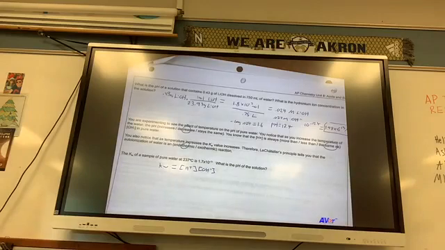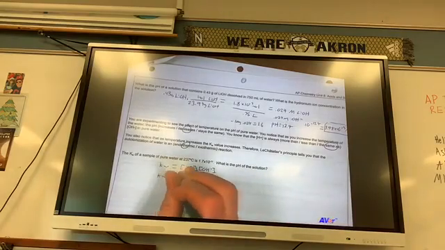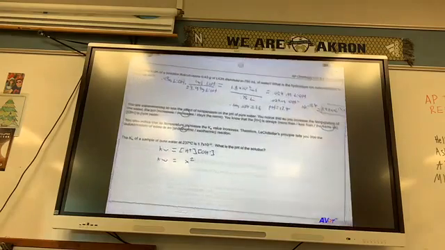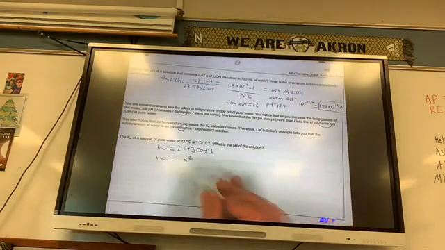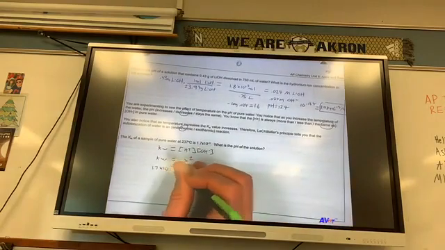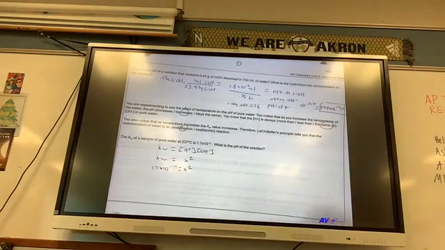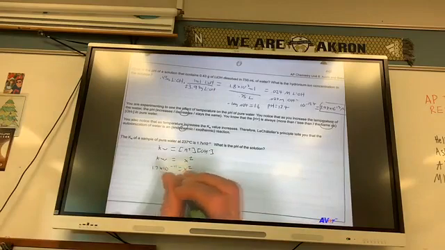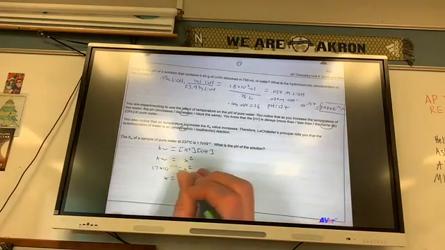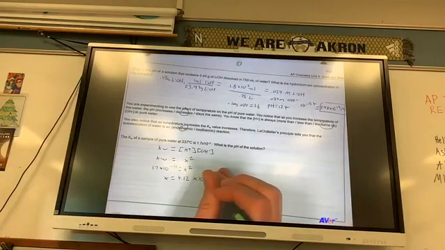So that means Kw essentially equals x squared. And we know that 1.7 times 10 to the negative 11th equals x squared. Solve for x. So x equals, I got, someone check me, 4.12 times 10 to the negative 6 molar.